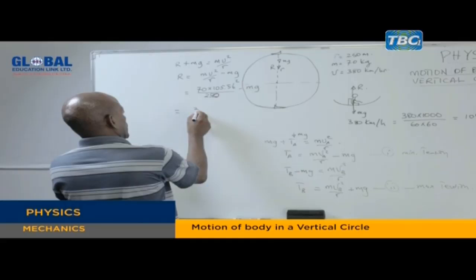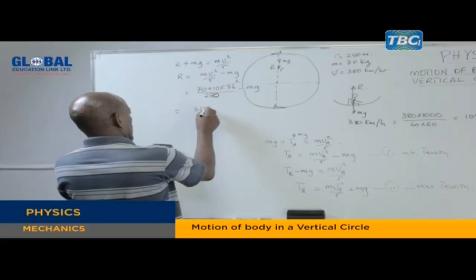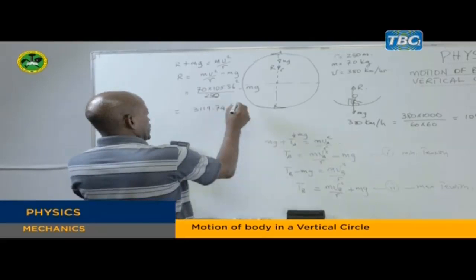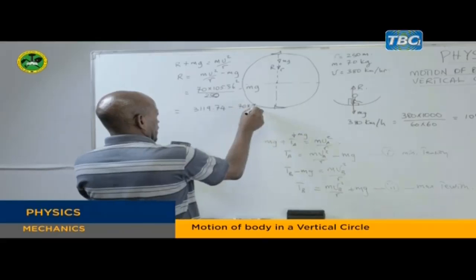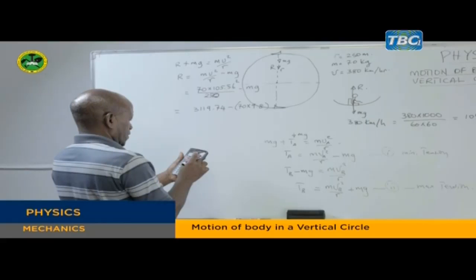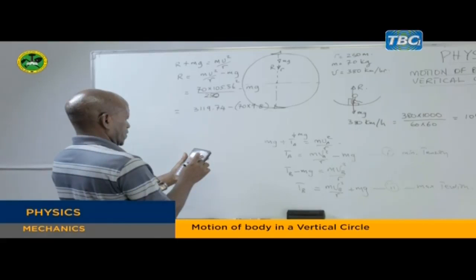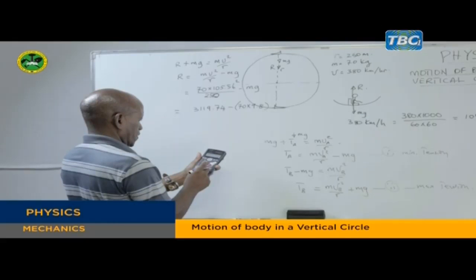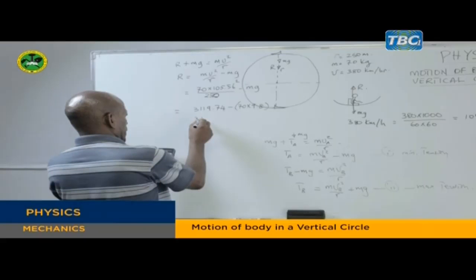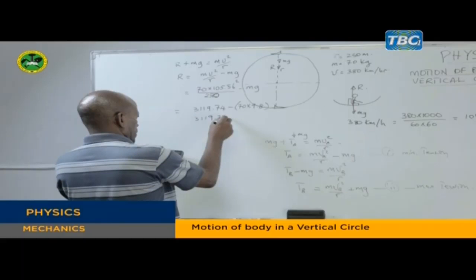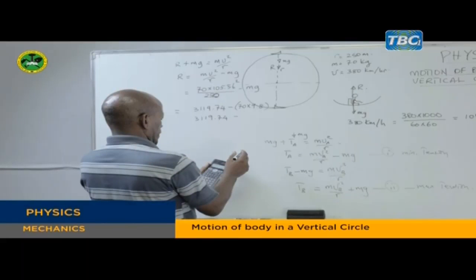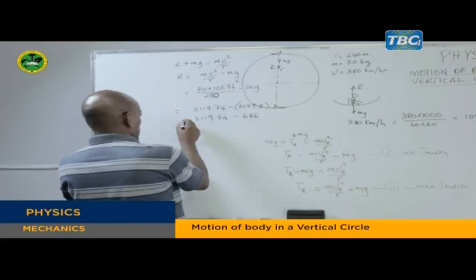So this will be equal to 3119.74 minus mg. The mass is 70 and the g is 9.8. So we'll have 3119.74 minus 686.